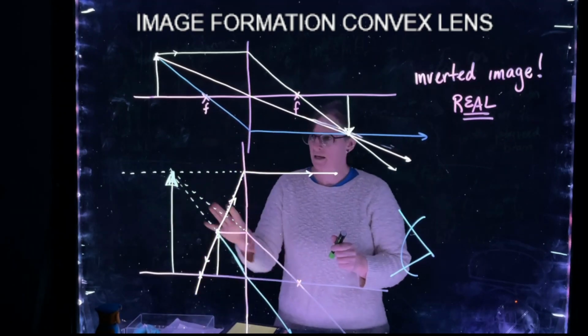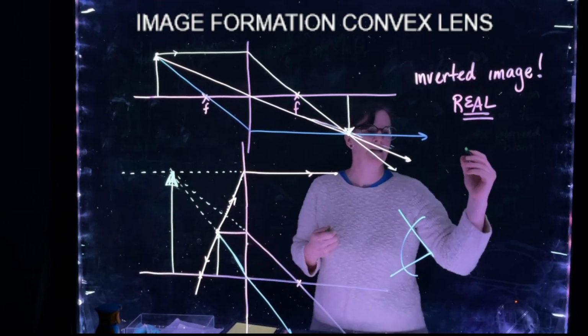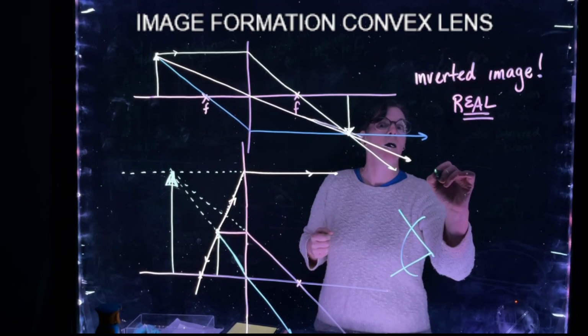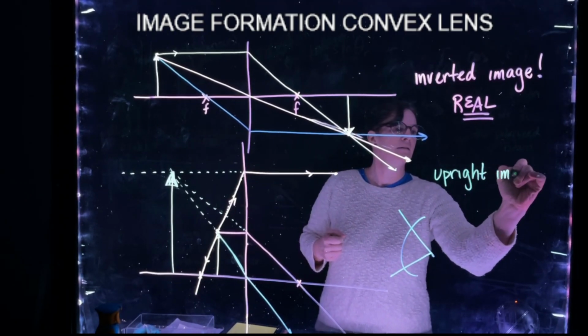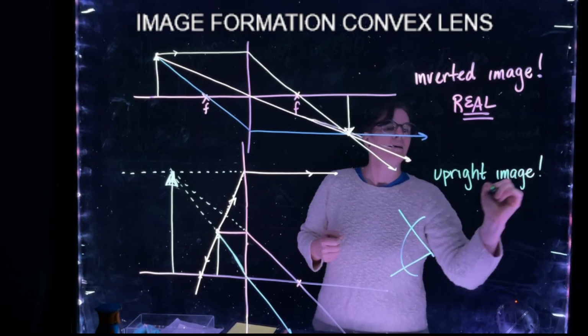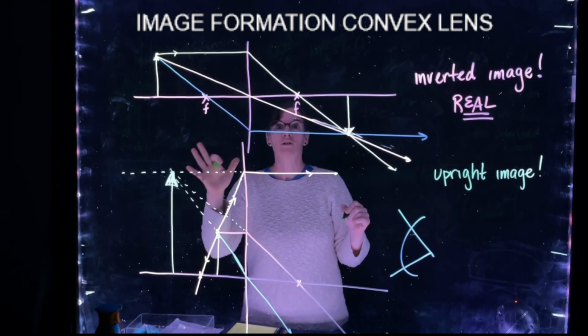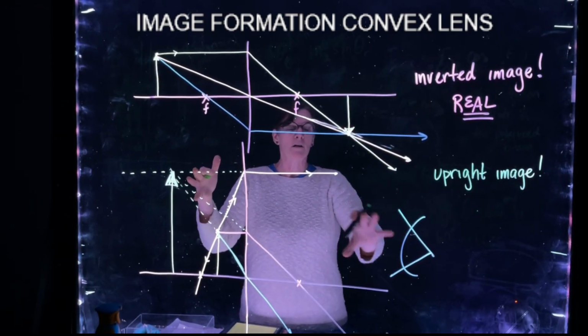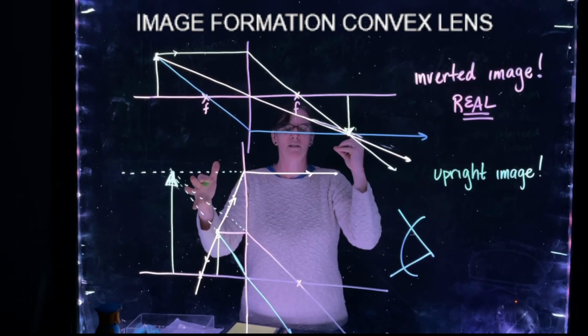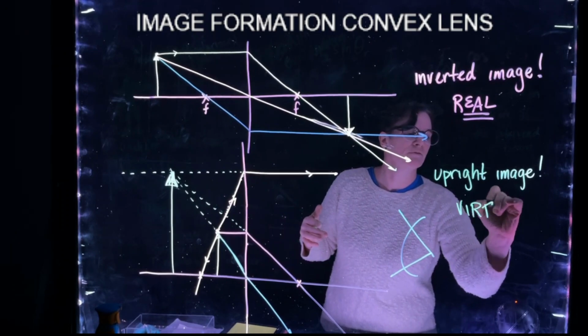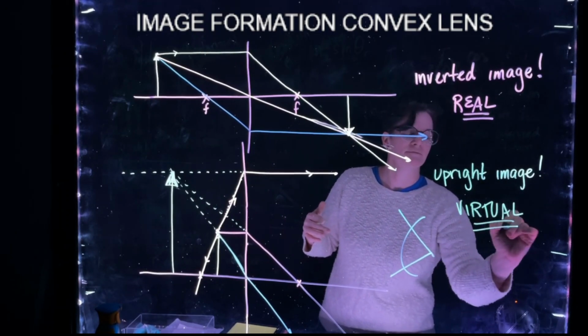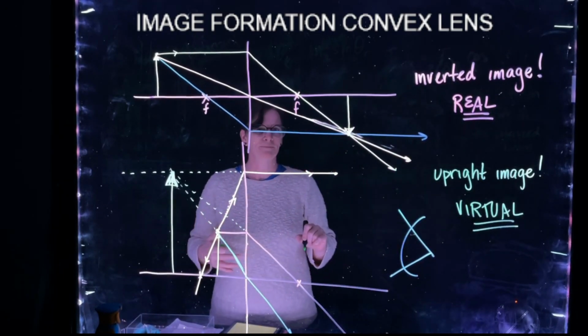And we notice a couple things. First, we notice that that image is upright. Upright images aren't real. I am constructing them in my visual system. We call those virtual. Upright images are virtual.